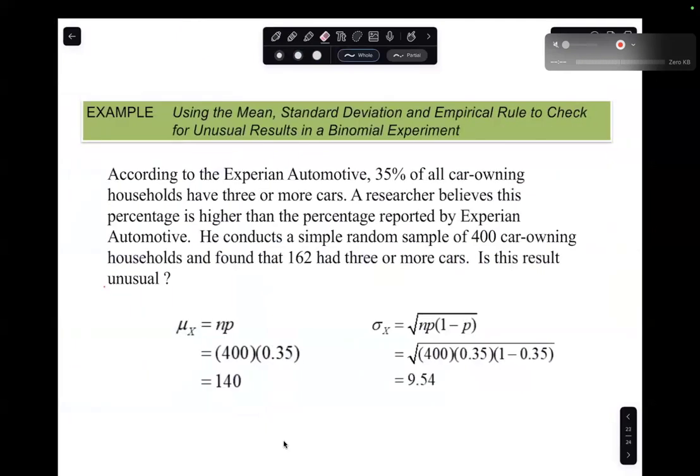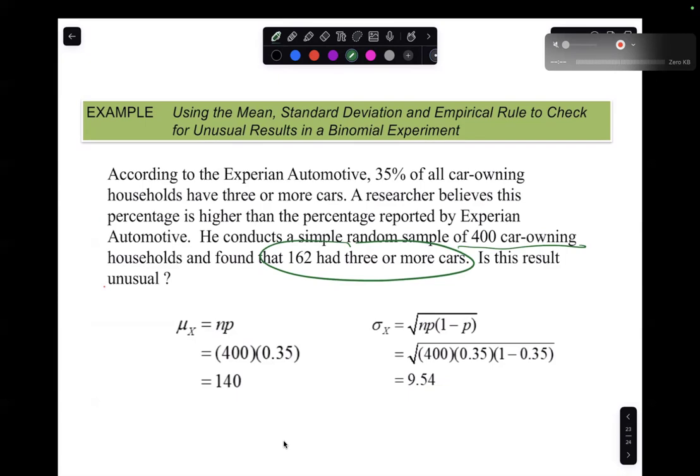Okay. So according to Experian Automotive, 35% of all car-owning households have 3 or more cars. A researcher believes that the percentage is higher than reported by Experian. So he took a random sample of 400 car-owning households, and he found that 162 had 3 or more cars. He wants to know if this result is unusual.